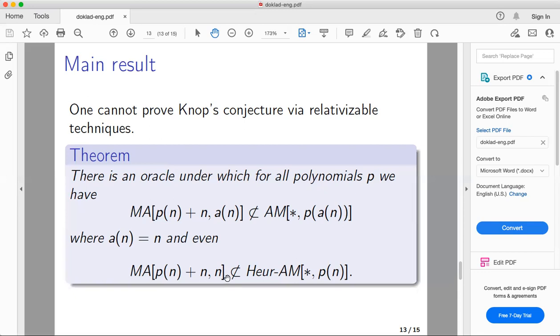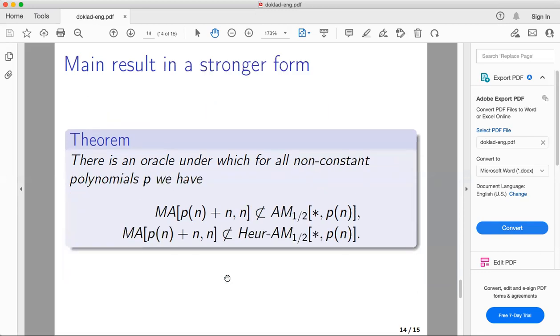And actually, our results hold even in a stronger form. Consider the class AM with parameter 1/2. As I have said, this class is probably much larger than AM.